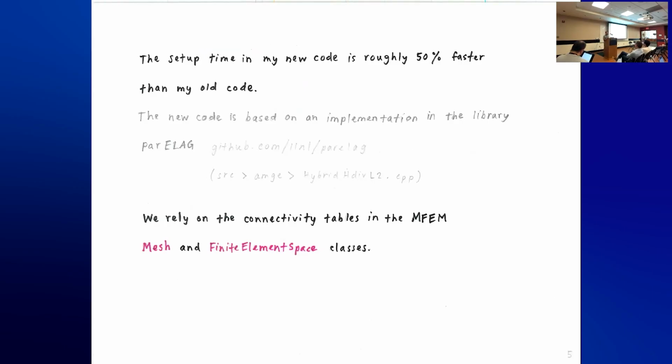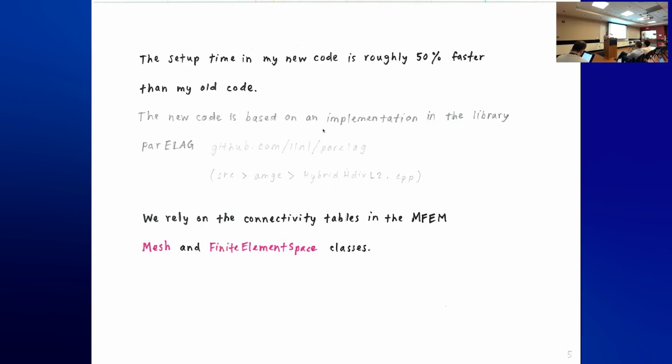So off the top of my head, in one of the runs with polynomial order 0, using the beam hex mesh, the 3D mesh, my old code took 42 seconds to assemble the reduced system. In my new code, it took 22 seconds.